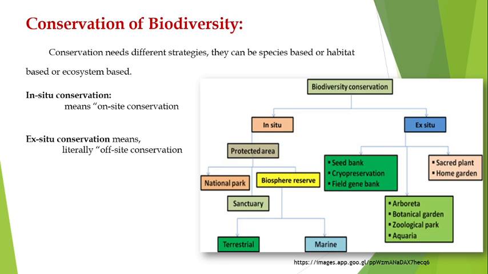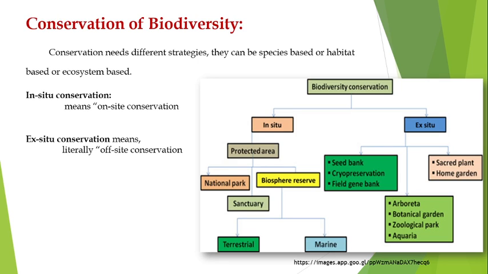Some species are given importance at the national level while some need treatment at international levels. Most of the conservation is done in in situ and ex situ conditions. In this unit, we will discuss the meaning of in situ conservation and ex situ conservation.